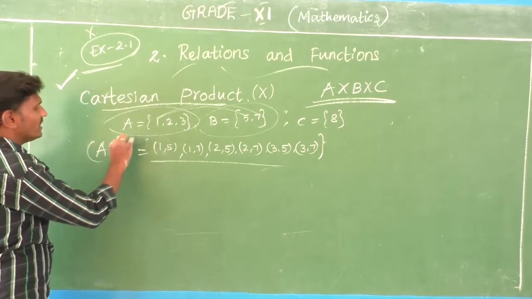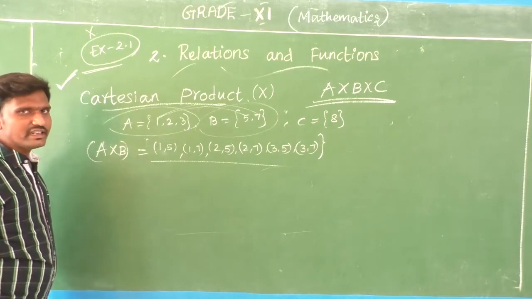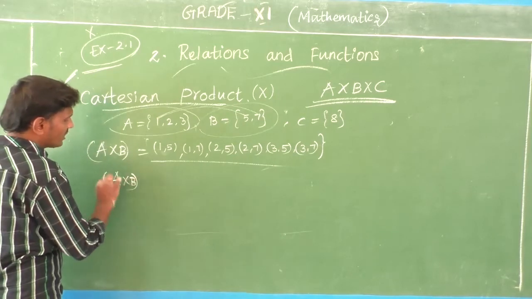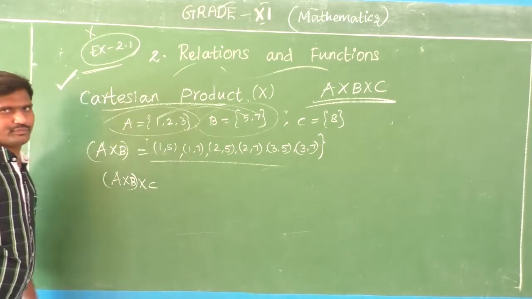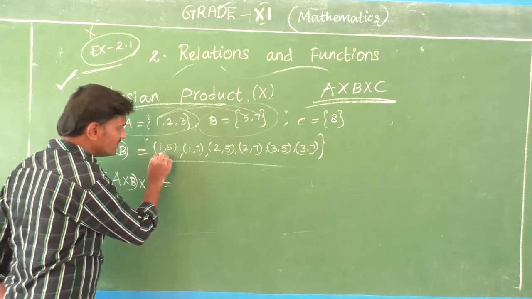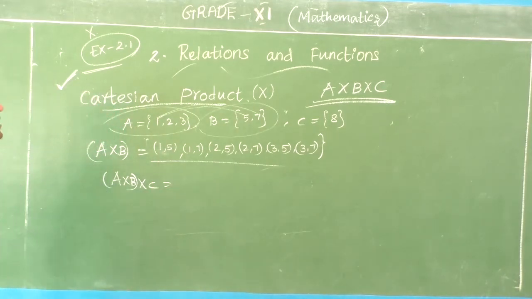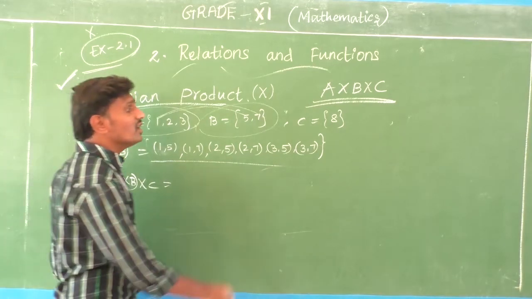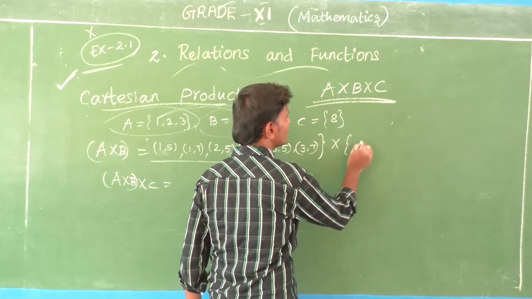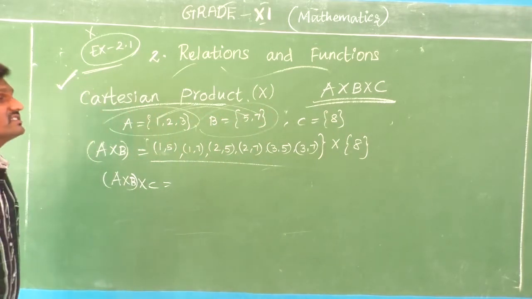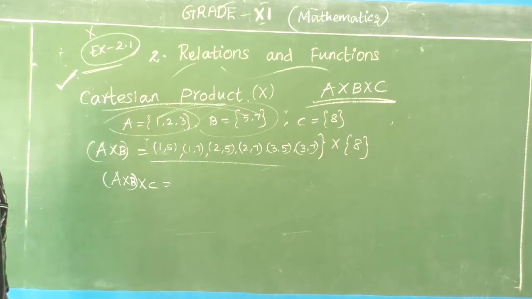First we already completed the Cartesian product of the first 2 sets, no? And the third one, A cross B cross C: this 1,5; 1,7; 2,5; 2,7; 3,5; 3,7 is going to take a cross product with the element 8, which belongs to the set C.